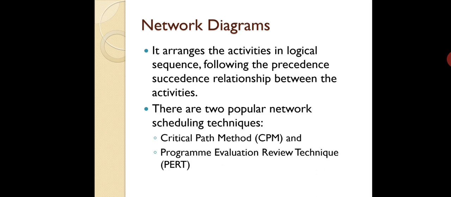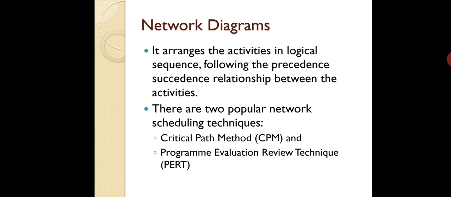Now, what is the difference between CPM and PERT? In CPM, we use critical path method where the activity time is known with certainty. Like in a construction project, we know how much time an activity is going to take.